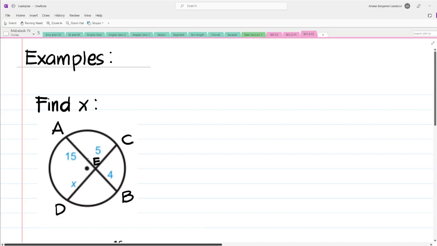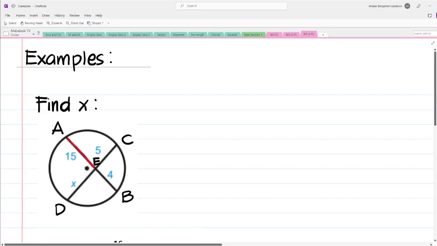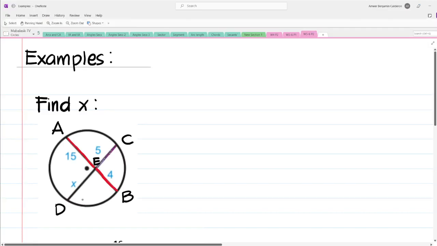Chord AB was divided into two segments, AE and BE. These are the segments of chord AB. Also, chord CD was divided into segment CE and segment DE. These two are the segments of chord CD.